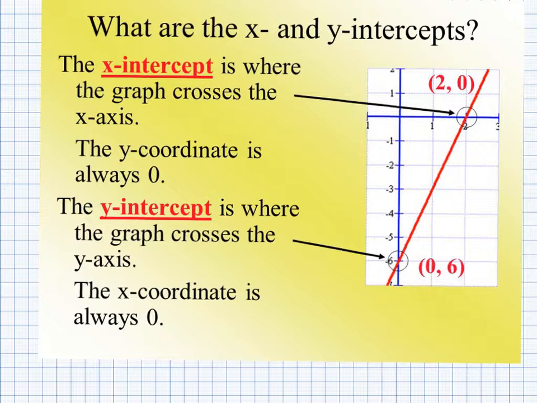On the x-intercept, the y-coordinate is always 0, and on the y-intercept, the x is always going to be 0. That's an important thing. We talked a little bit about it yesterday in the previous lessons. The x-intercept means that y is 0 where it crosses, and the y-intercept means that the x-coordinate is 0 too.